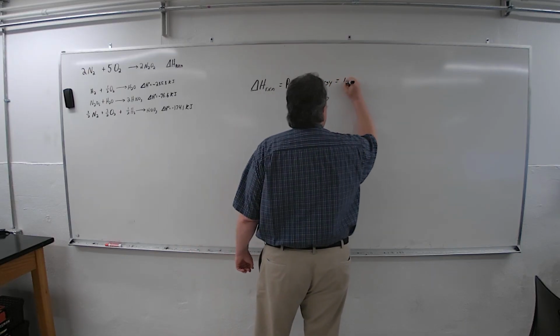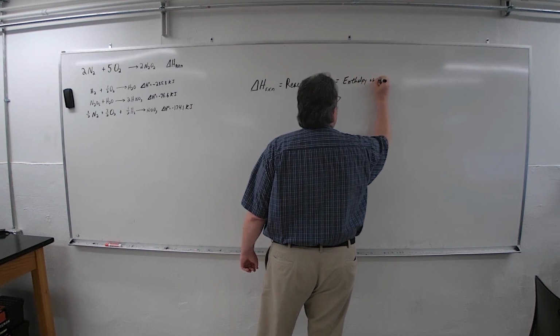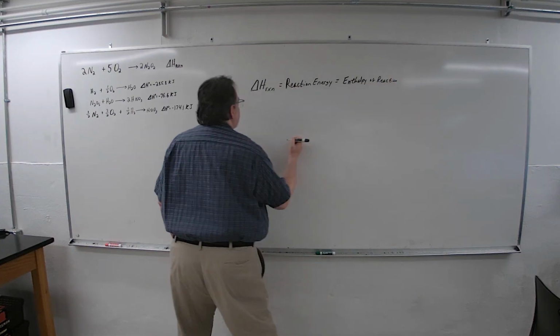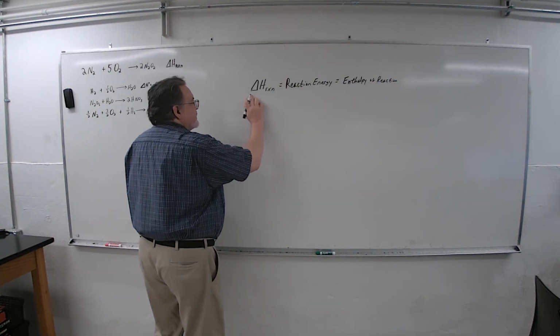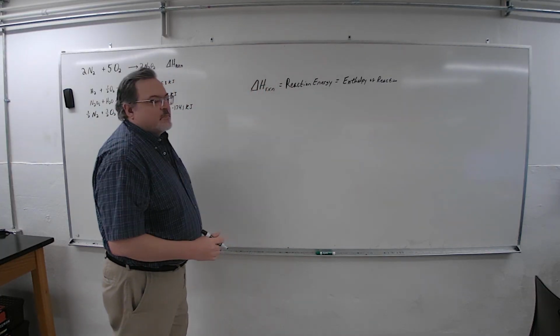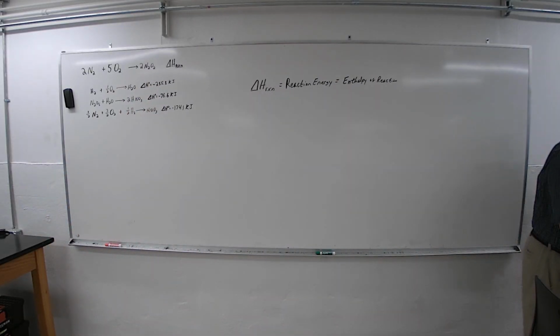And it's also called enthalpy. In general, the delta H means the reaction energy, enthalpy of reaction. Sometimes we just say enthalpy. But it's all about the way energy works, mostly in chemical reactions, but sometimes physical reactions as well. So I talked about reaction energy and how you do some stoichiometry with it.